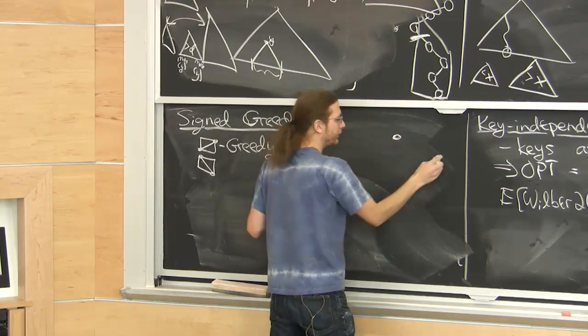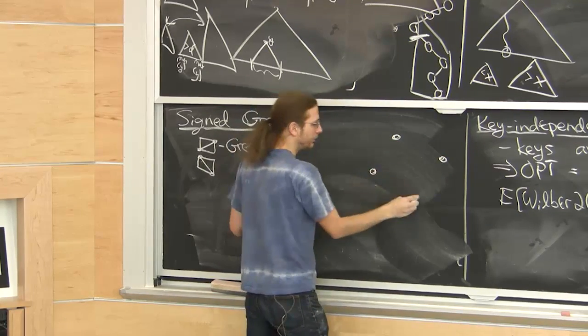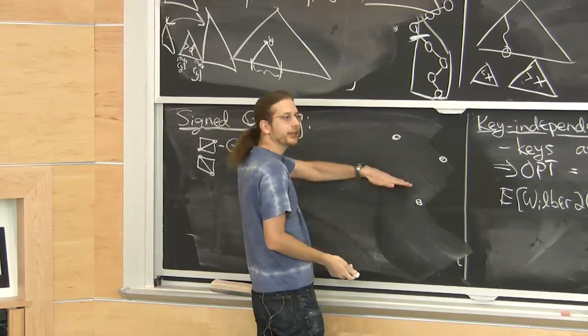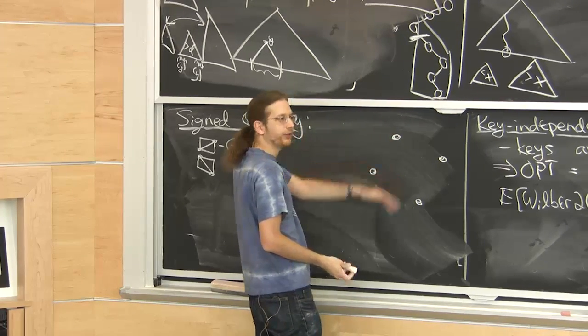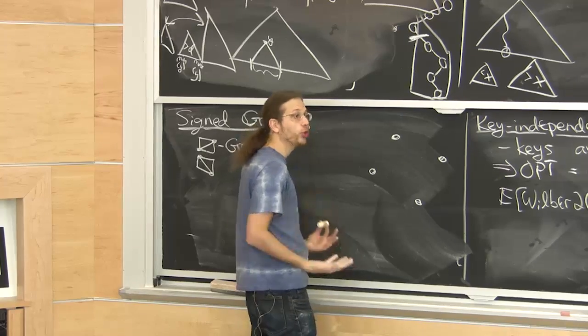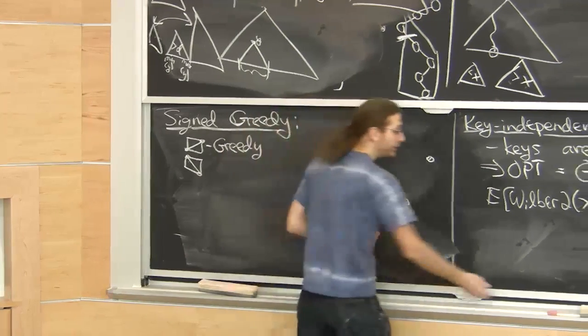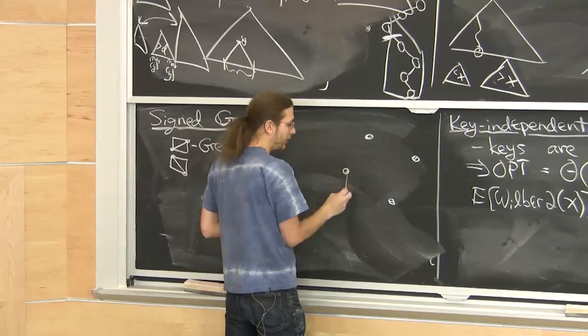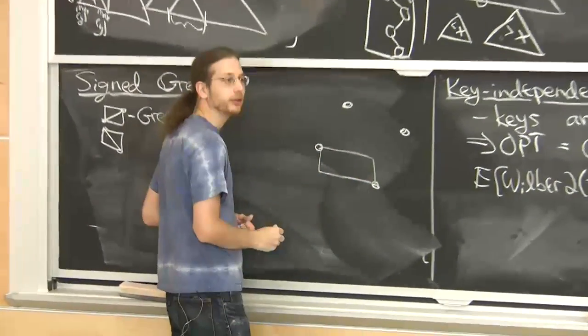So let's look at our favorite example here. With greedy, I would sweep up, and every rectangle that was unsatisfied, I would satisfy it. Now I'm going to ignore minus rectangles, only look at plus rectangles. So I see this rectangle, and I say, oh, I don't care, because that's a minus rectangle.